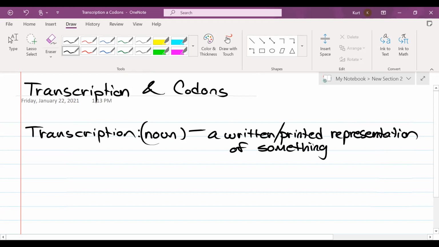So Reagan, I want you to write down what I'm about to say. Go Bucks, beat Green Bay. You don't need to really write it. But if she were to write it, what she would have in front of her is a transcription of what I just said. The verb is to transcribe.